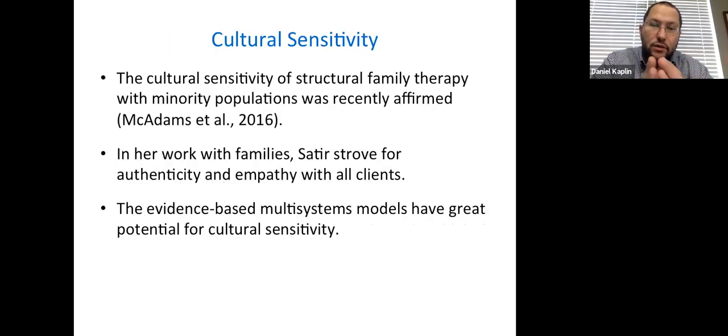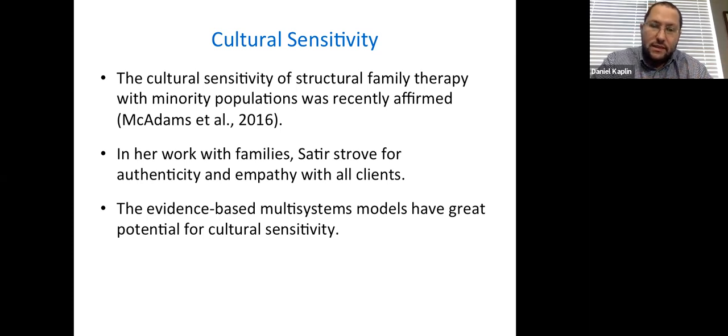Now, in terms of cultural sensitivity, we do see that as it relates to Salvador Minuchin and structural family therapy, there's tremendous cultural sensitivity. That's great. We see with Virginia Satir and the humanistic or experiential approach that authenticity or genuineness was important there, and empathy was important.